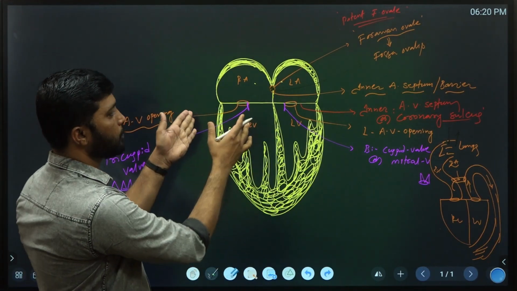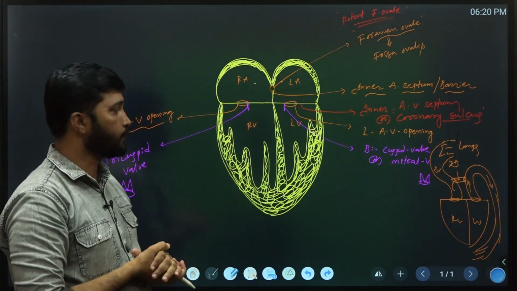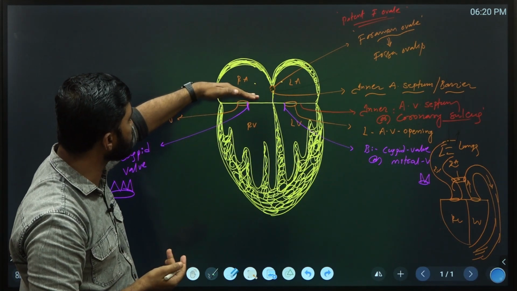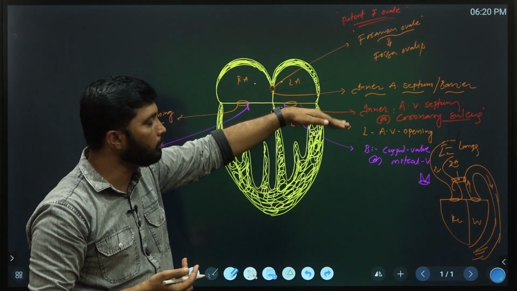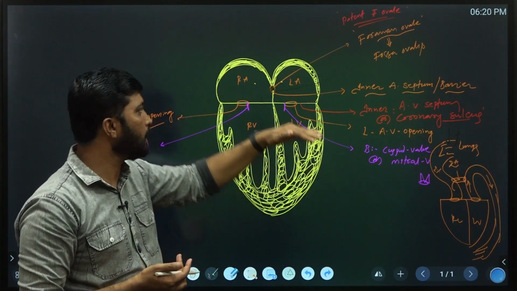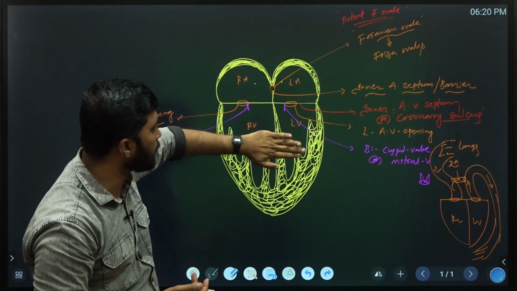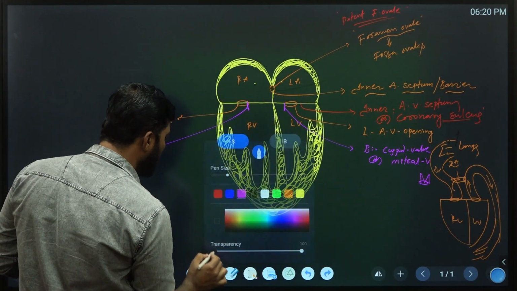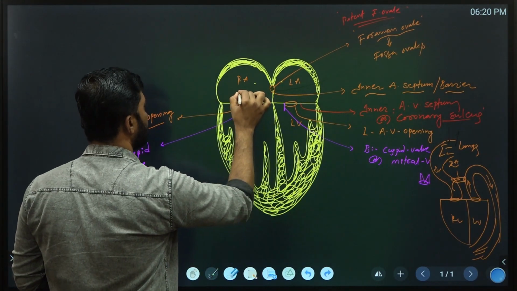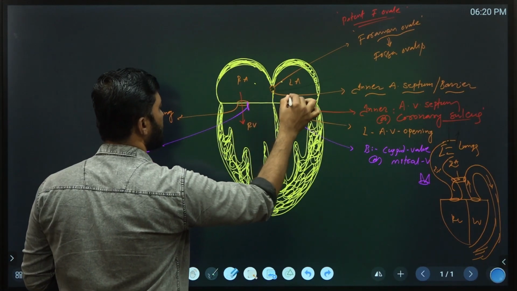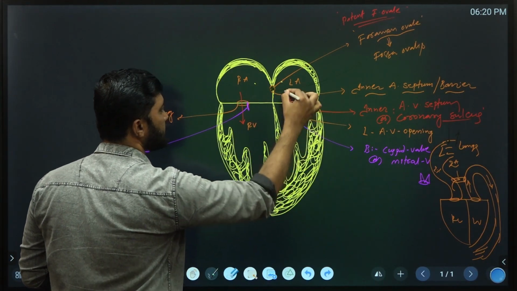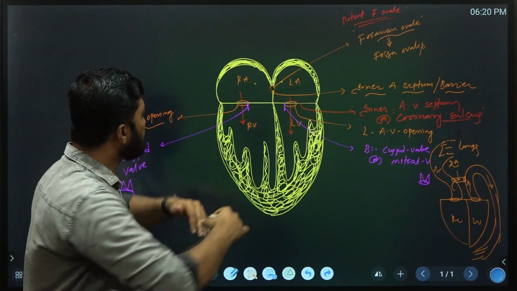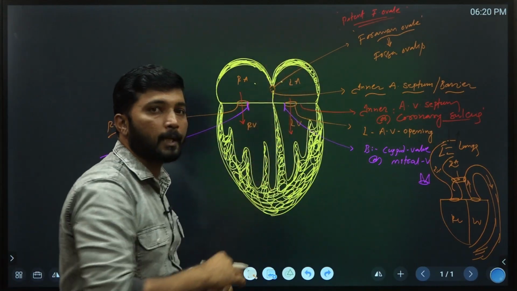Now, what is the function of these valves? The tricuspid and bicuspid valves are also called AV valves. Atrioventricular valves help forward the blood in one direction, from atria towards ventricles only, with no back movement.